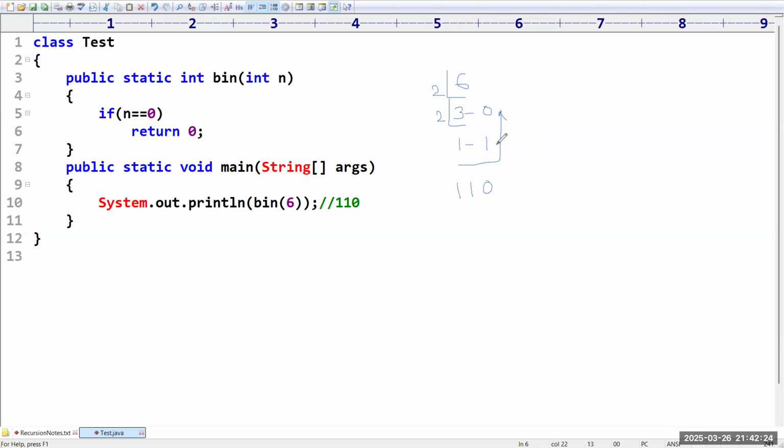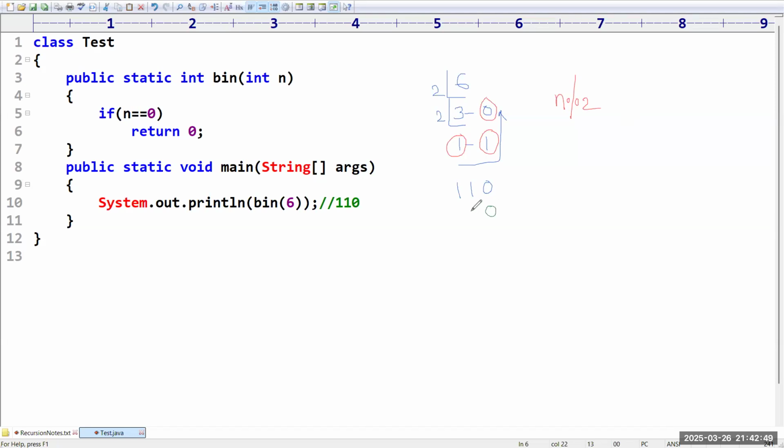Observe carefully. I am marking with red color. How to get these values? If I do the given number percentage 2, I will get the value. Correct? Then one more logic. How are you going to combine this? Have you observed?